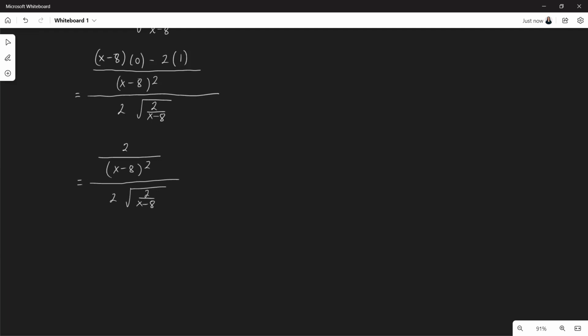So we can cancel out the 2's here. Take note there's still a 1 on top. Then let's combine the x minus 8 here and the x minus 8 here. We can combine them because they are both expressed as x minus 8. So we can separate the 2 and the x minus 8 inside the radical sign.